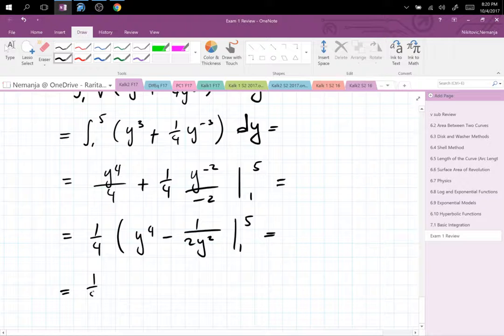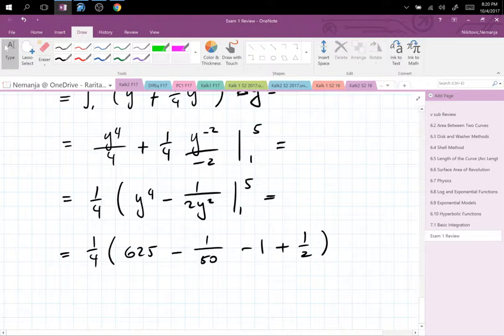Plug in 5, so that's 5 to the 4th, that's 625, minus 1 over 50, minus 1, minus and minus gives us plus 1/2.